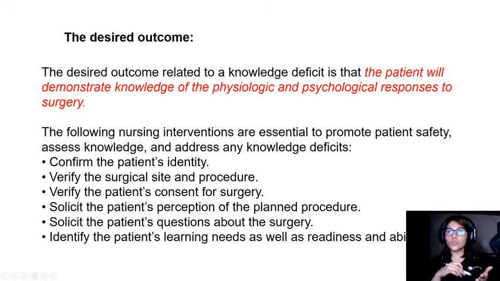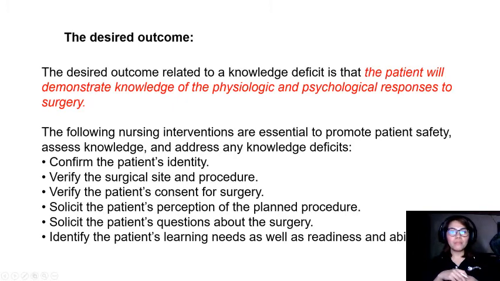Verify the patient's consent for surgery, if it has been signed. Solicit the patient's perception of the planned procedure, if the patient already knows what will be done. Then solicit the patient's questions about the surgery. So you encourage the patient to ask more questions so that they feel at ease.